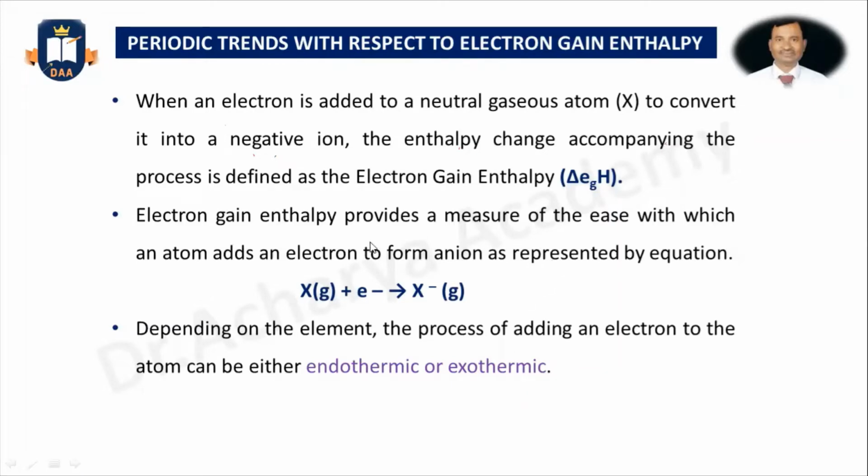Here you can see that electron gain enthalpy is how easily this gaseous atom will take this electron, and the electron gain enthalpy is a measure of the ease with which the atom adds an electron to form an ion.